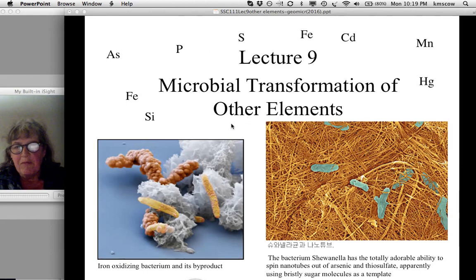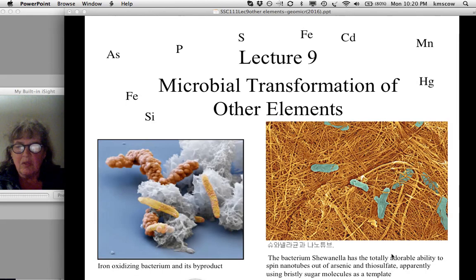And there are some very cool pictures that show an iron oxidizing bacterium which has converted ferrous soluble iron to ferric iron that you can see precipitating out around the bacterium. And also Shewanella, which is adorably, as this picture says, spinning nanotubes out of arsenic and thiosulfate.